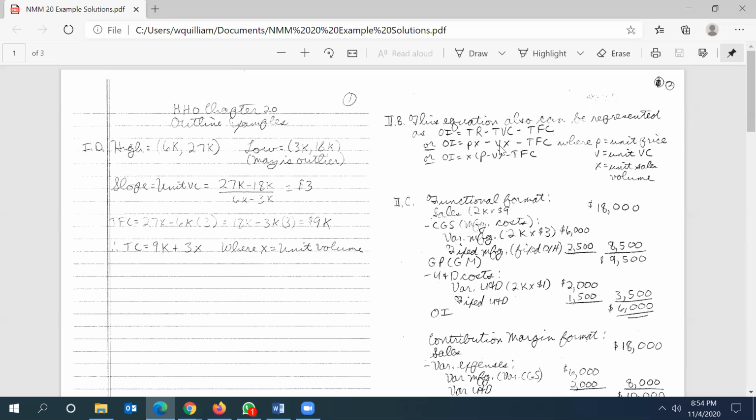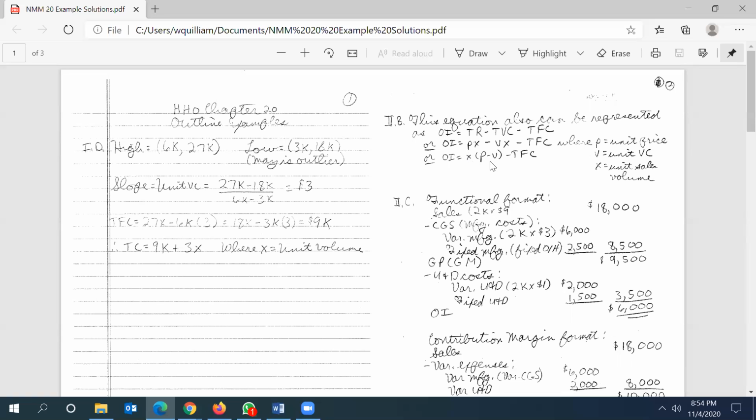I can then factor an X out of these two. So I have that operating income equals unit sales volume times P minus V, price minus variable cost per unit, minus total fixed. Well, this component right here will make sense to us. X equaling unit volume, P minus V equaling unit contribution margin.